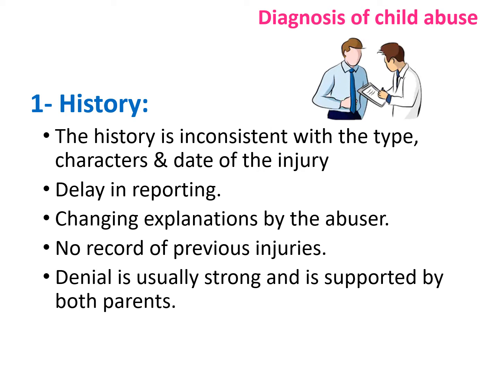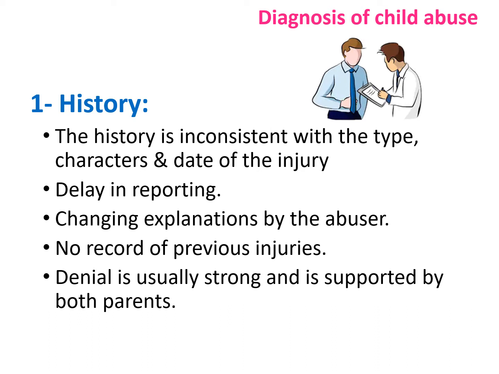The second problem in history is delay in reporting. Actually, when parents have their child exposed to injuries, they hurry to the doctor or to the hospital to examine him and to cure him.